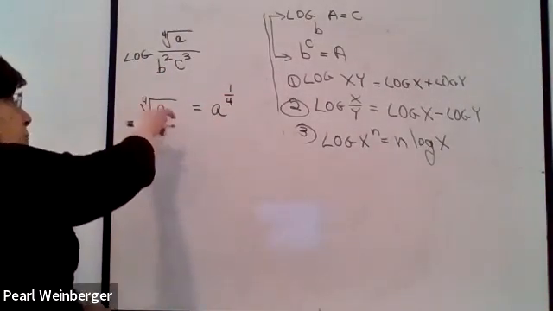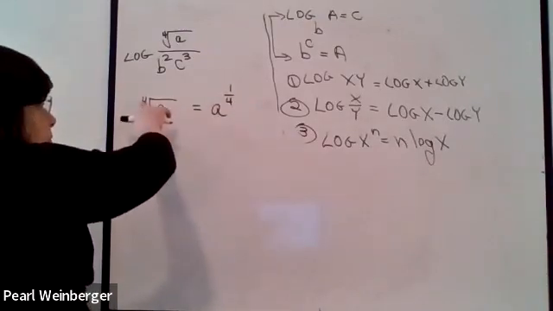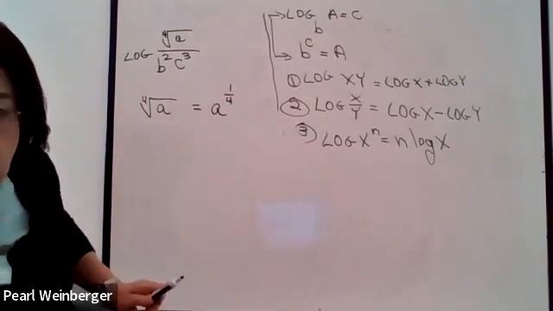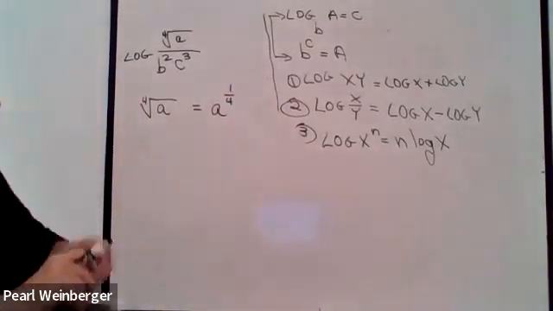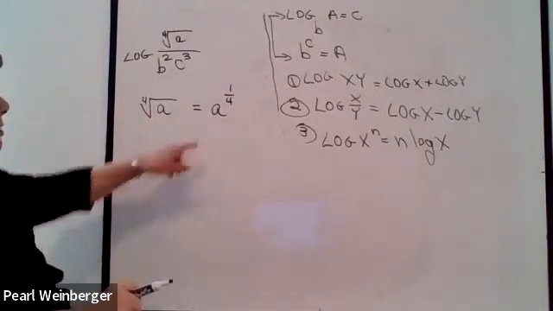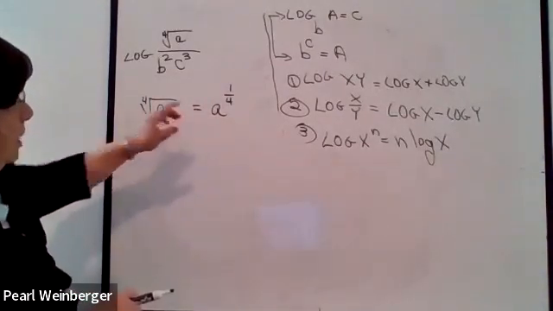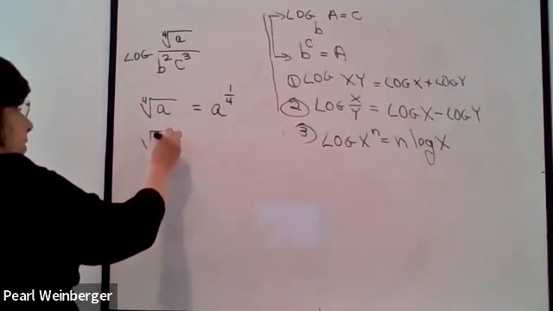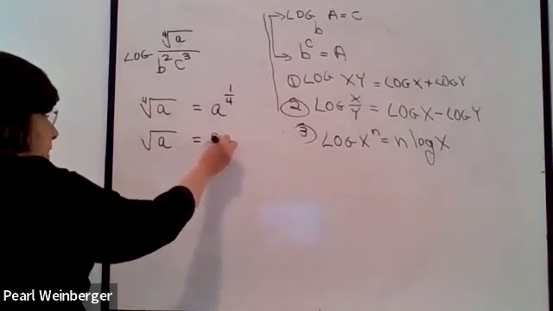You can write the radical as 1 over the index, and that gives you the exponent. Let's remember, the square root is the 1/2 exponent.